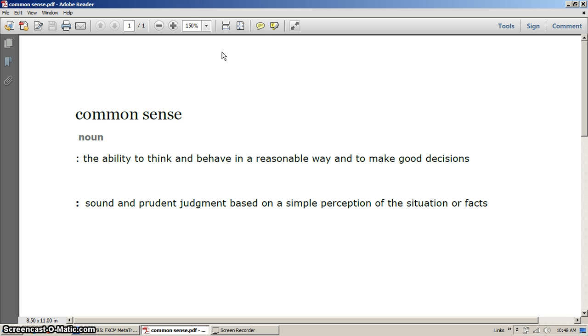So, how would this apply to traders? Well, I think if instead of using reasonable, we use the word profitable: the ability to think and trade in a profitable way and to make good decisions, or to make profitable decisions.